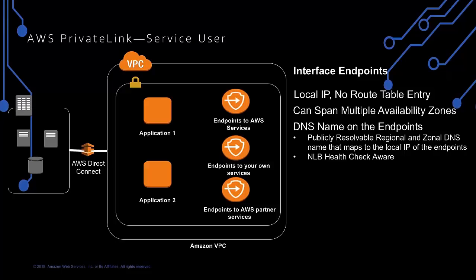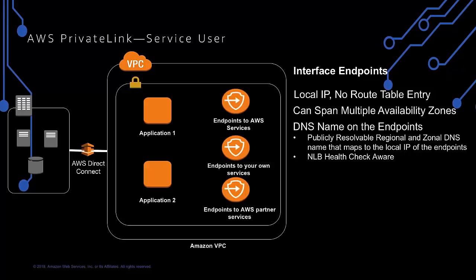We have DNS names for the availability zones, and we do health checking on all the services through the load balancer, so you don't have to worry about health checking your services here. That's part of the NLB health check. You can use both the zonal name, which is per AZ, or you can use the regional name, which would cover all the AZs, depending upon your use case and things like latency, or trying to keep traffic within the same AZ for data transfer reasons.